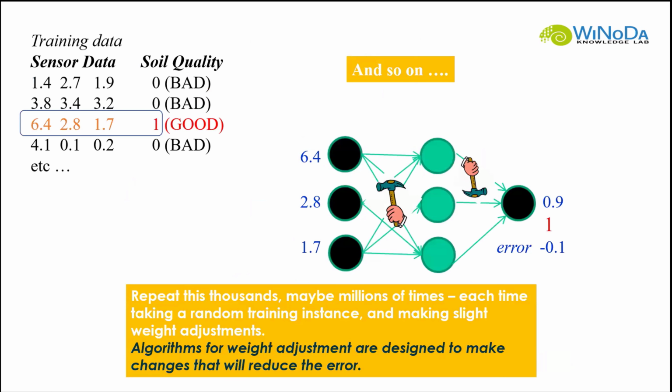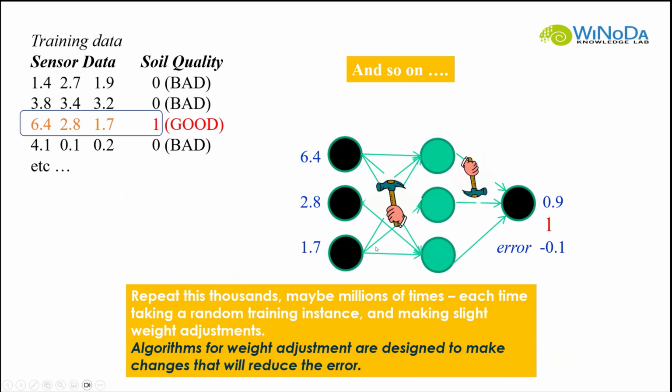And then I showed you also a little bit of this training process. The training process consists of presenting this data with this correct label, and then this data with this correct label, and then this data with this correct label. And then I always check whether the presented input matches the label I want. So in this case, I presented 6.4, 2.8, 1.7, which in this example are the sensor values for my plant.